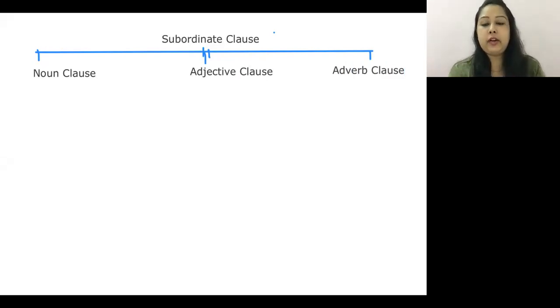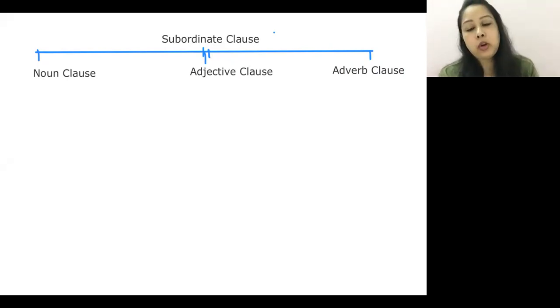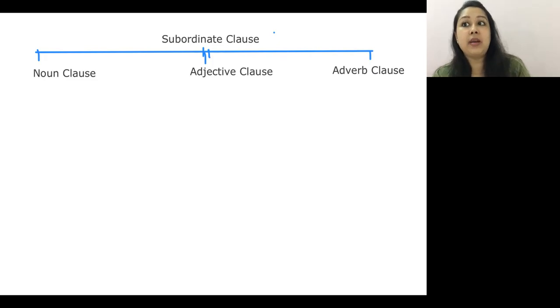Let's dive into details. Noun clause would be that particular subordinate clause which is giving me more information about a noun. It is telling me something about a noun, telling me something which possibly my main clause wants to tell me through the dependent clause.